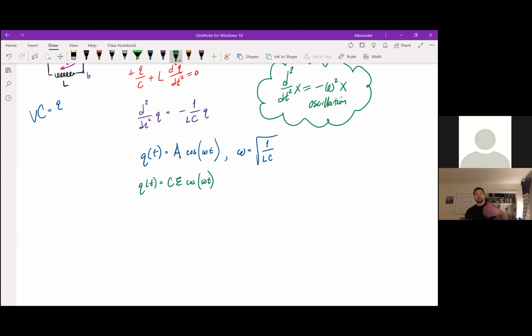If we wanted, as we found for the RL circuit, a function for the current as a function of time, no problem. We can happily take a derivative with respect to time of that thing we just wrote.